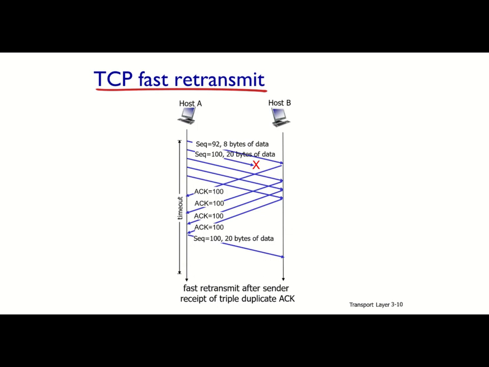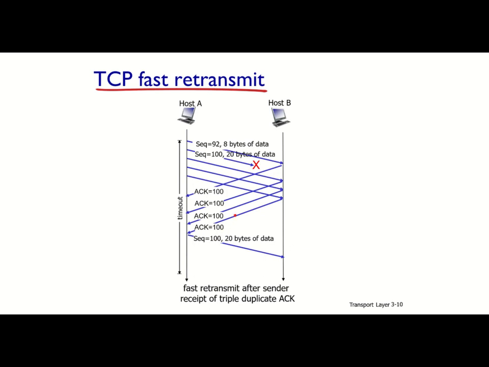So host A has 2 options. It can wait until the timeout, which is this long, is reached, or it can retransmit data before the timeout. Why does host A have the second option of retransmitting before the timeout?